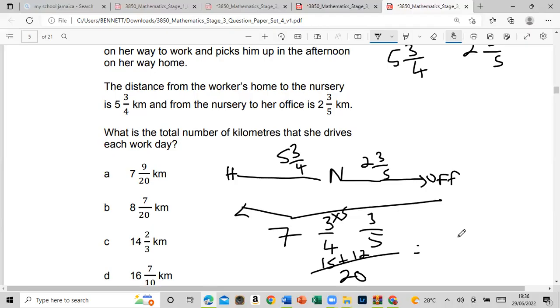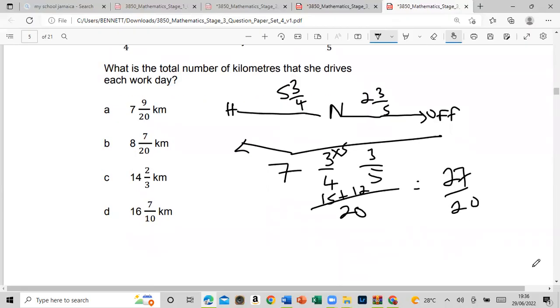So this now you get 27 over 20. So 27 over 20 gives you 1 and 7 over 20. All right. So the total distance she does for one day will be 8 and 7 over 20. So when you double that, this can be this, all right?